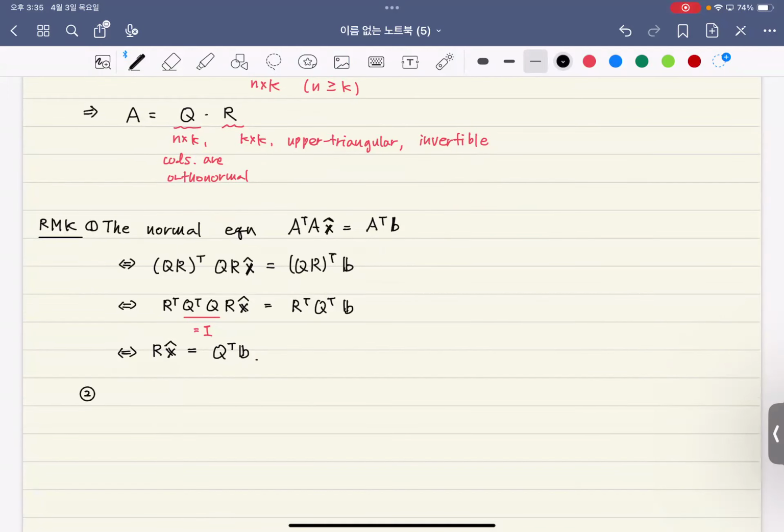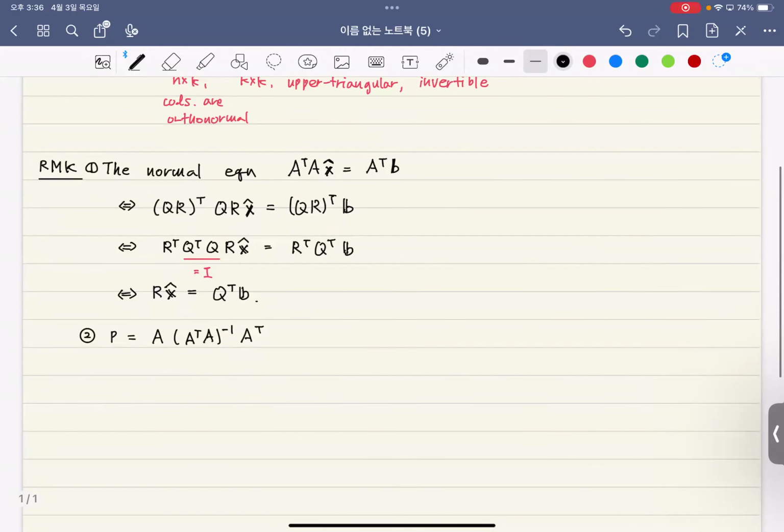And next, the projection is also easier. Do you remember the projection matrix? This is the projection from the n-dimensional Euclidean space to the column space of A. It is A times A transpose A inverse times A transpose.